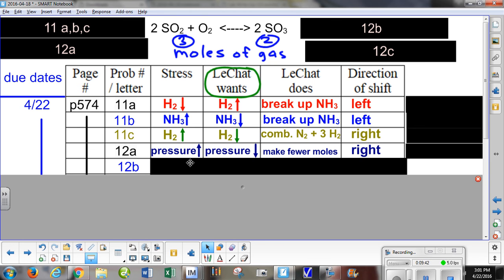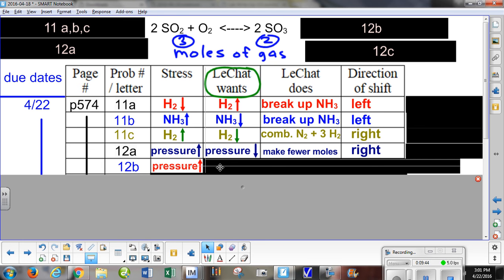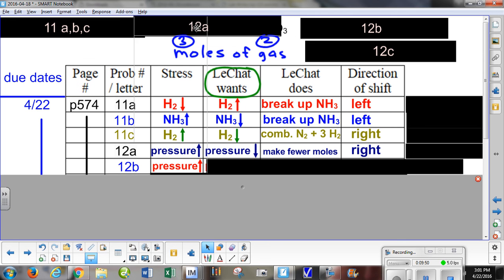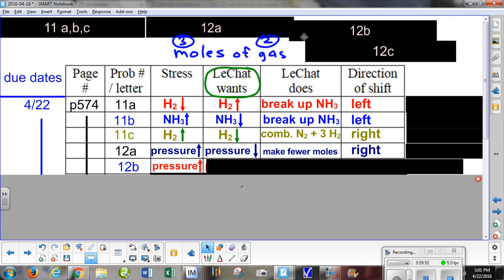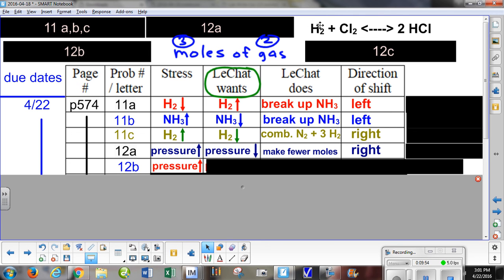It's okay. All right. Same thing here. The stress is the same for all of these. Now, I'm going to cover this one up because we're going to a new equation. This is interesting. What is your guess? How many moles on the left? 2.